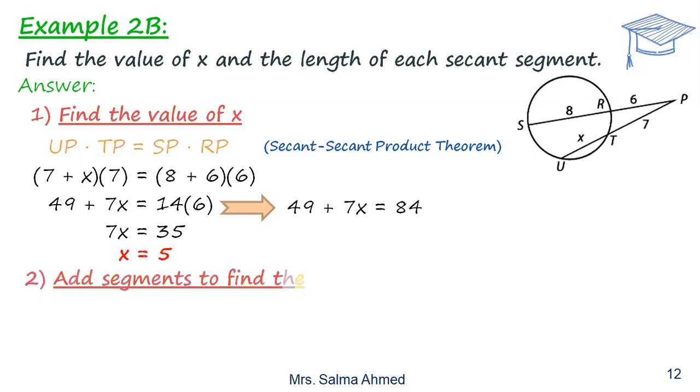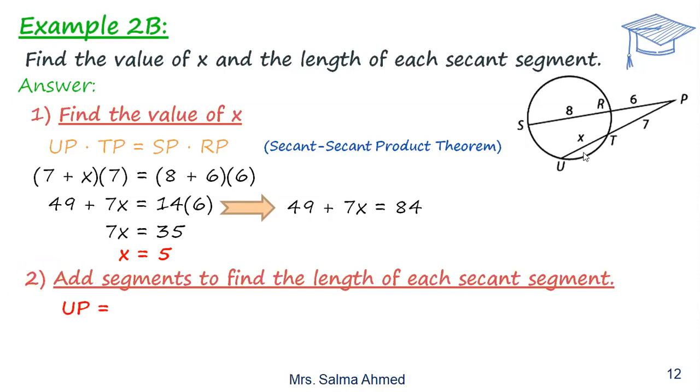Now I'm going to add segments to find the length of each secant segment. So to get UP, it will be 7 plus x, and x here equals 5. So I'm going to add 7 plus 5, it gives me 12. And I'm going to get the other secant segment, SP, which is 8 plus 6, and it gives me 14.